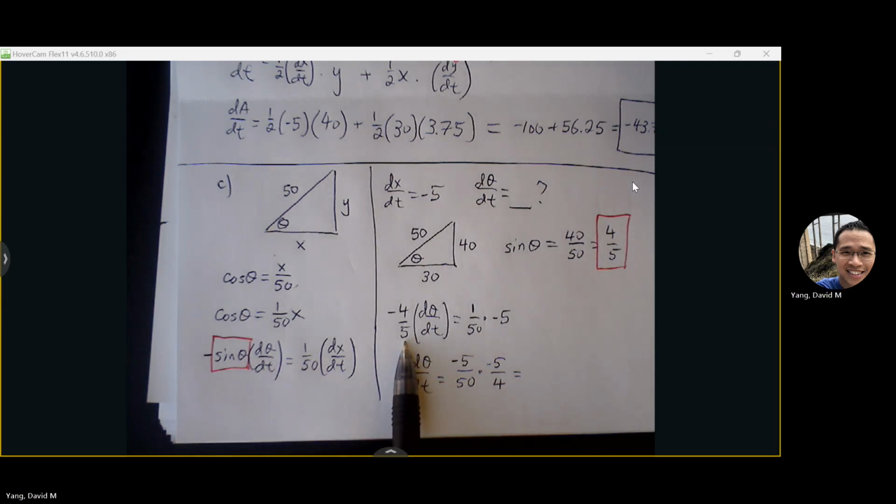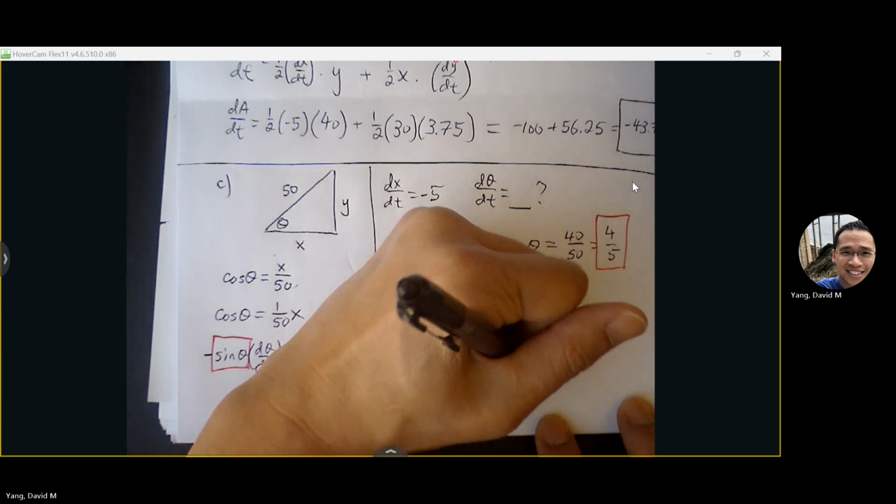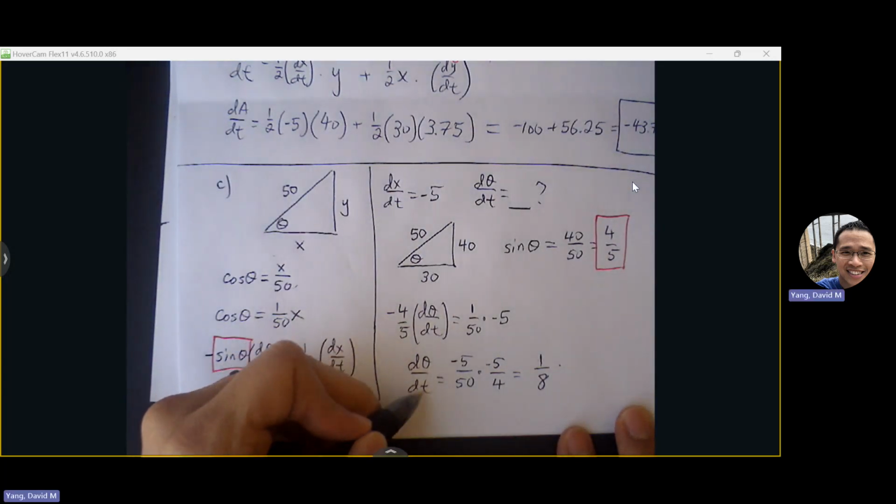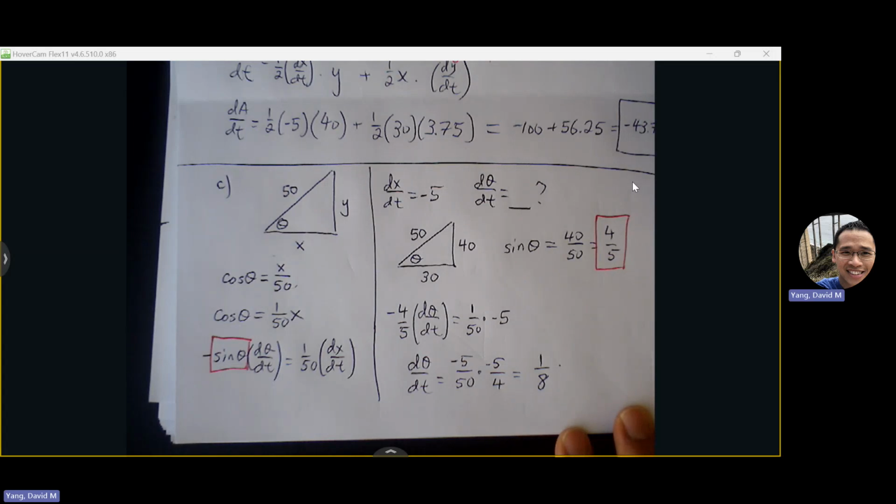Let's see. 25/200 is 1/8. And our units: theta is always radians, and time is whatever they tell us here, so seconds, so radians per second.